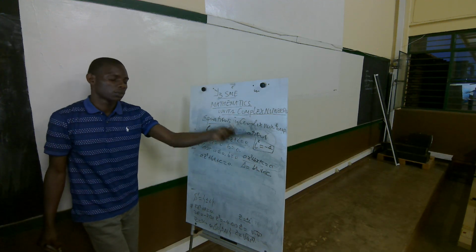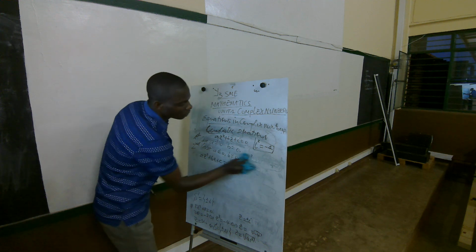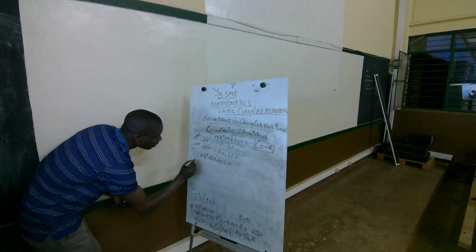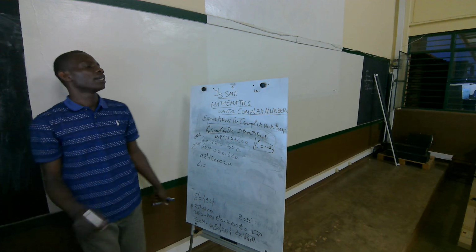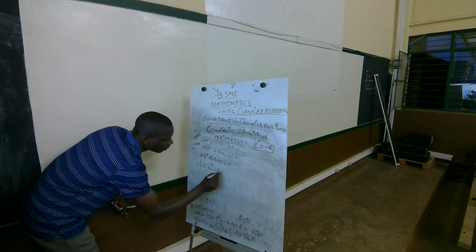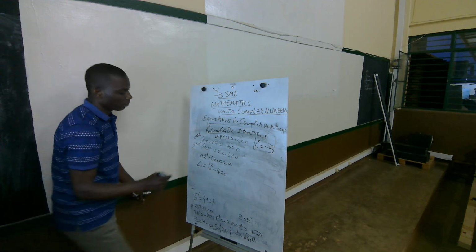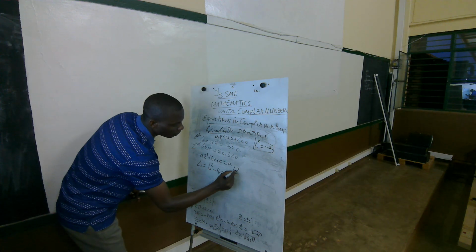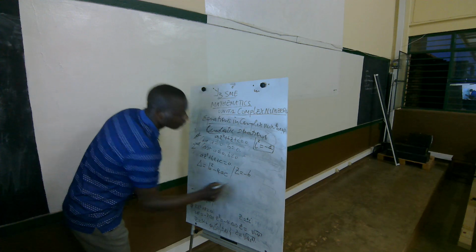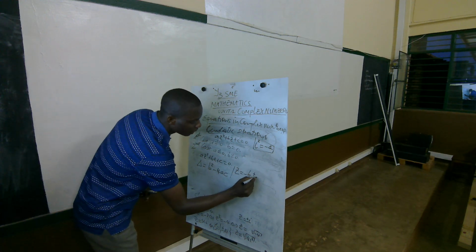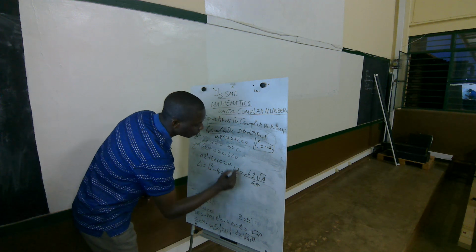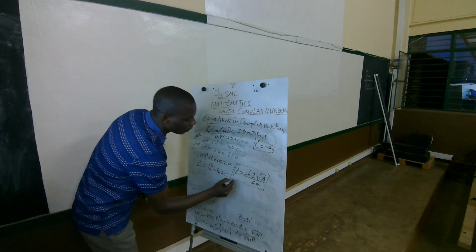It is the same even in the set of complex numbers: we find the determinant, b squared minus 4ac, and we find z equal to negative b plus or minus the square root of the determinant, over 2a. This is how to find our z.